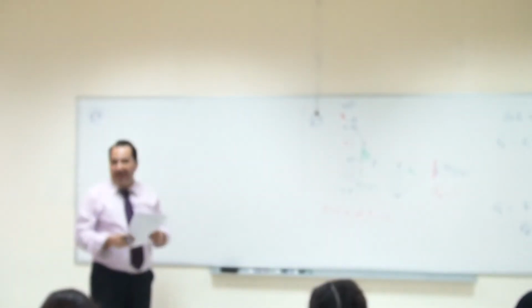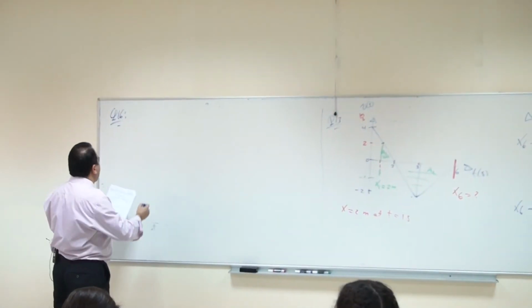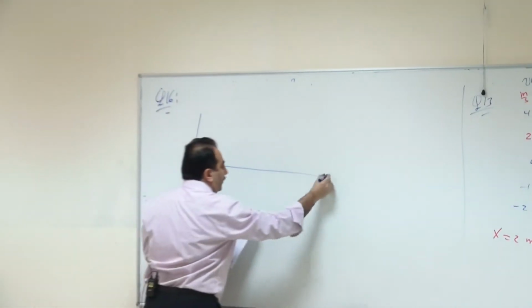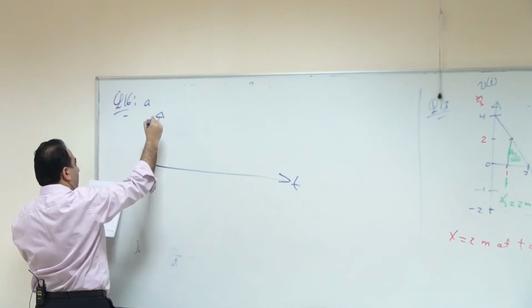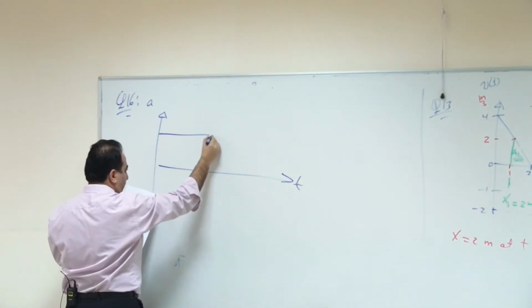You can see there is a graph there. Okay, so now I'll put the sketch here for the graph. This is t, and this is acceleration.